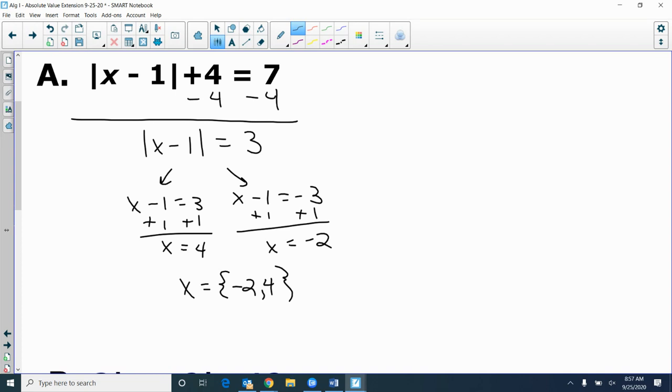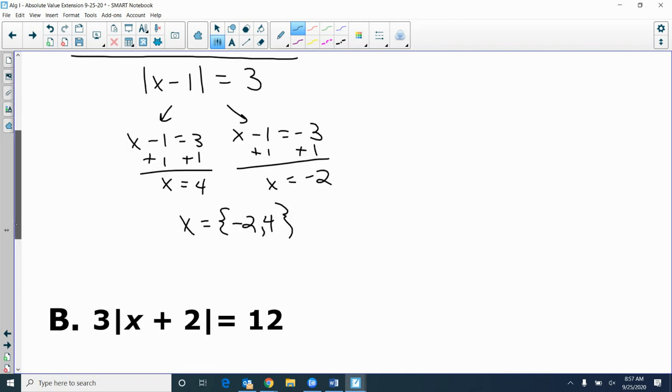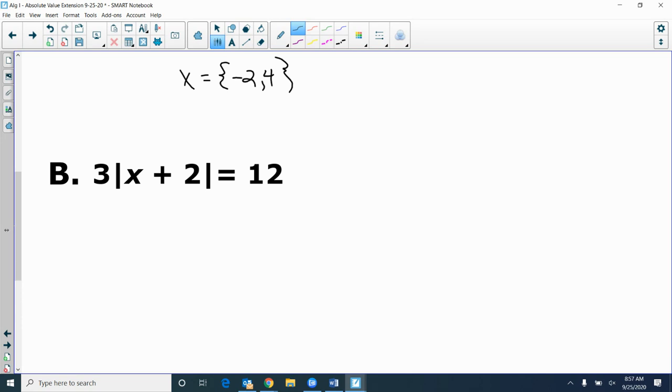On that second one there, it's 3, and then you have the absolute value. That 3, there's no plus or minus there, right? So it is multiplying that absolute value. I cannot break it apart until I get that 3 out of there. Well, what do I do to both sides? Divide. Good, divide. Now, if it was 3 plus the absolute value, you would subtract it. But here we're going to divide. To divide by 3, make it a fraction.